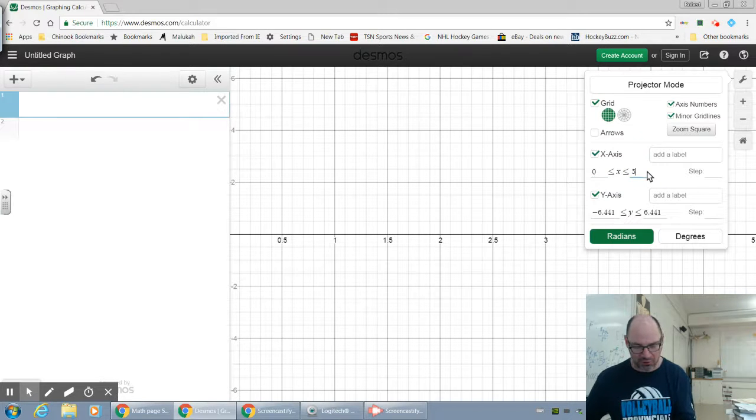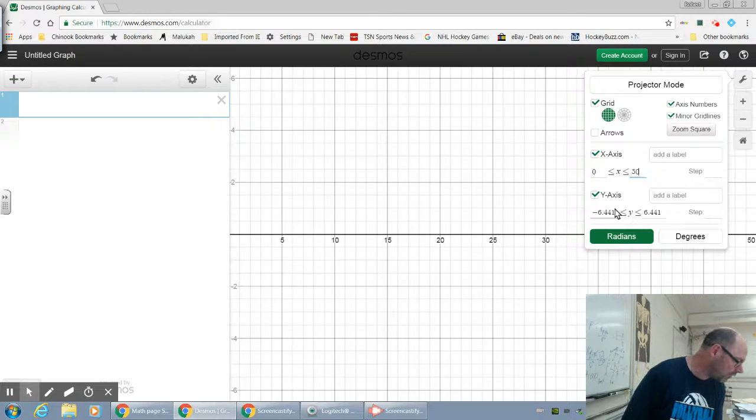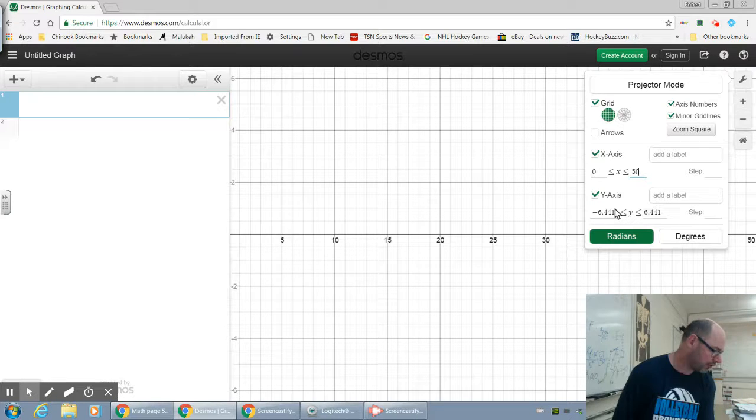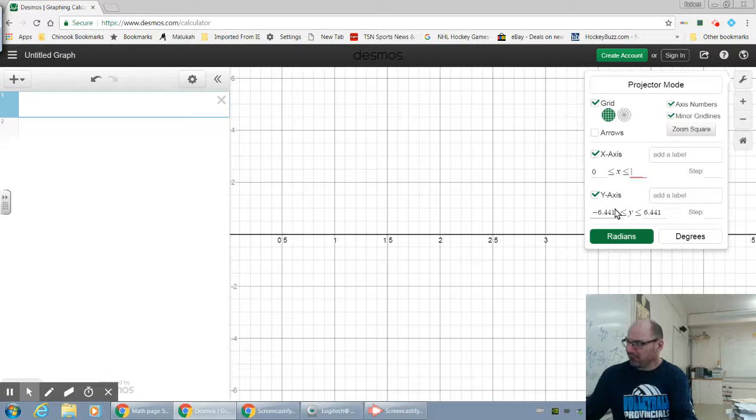So you go up here and go 0 to 50. If you look at the y-axis, it goes from 225 all the way down to 23. So we want to go from 0 to maybe 250. Okay, so we'll go 0 here to, sorry, I'm in the wrong spot.